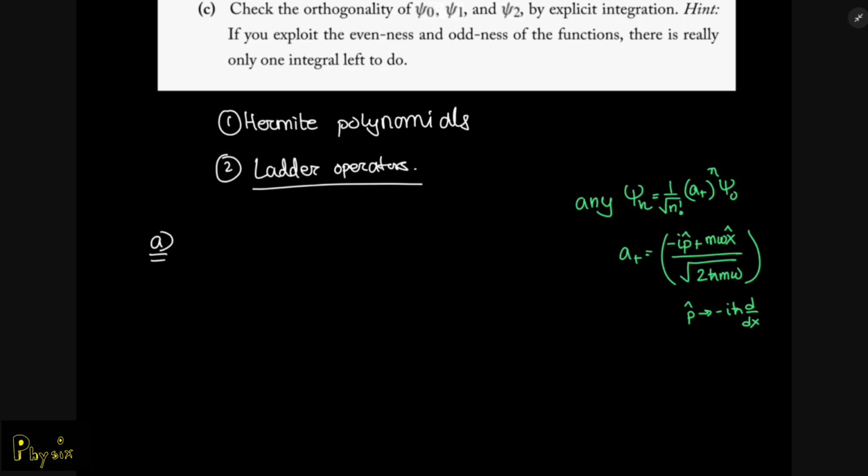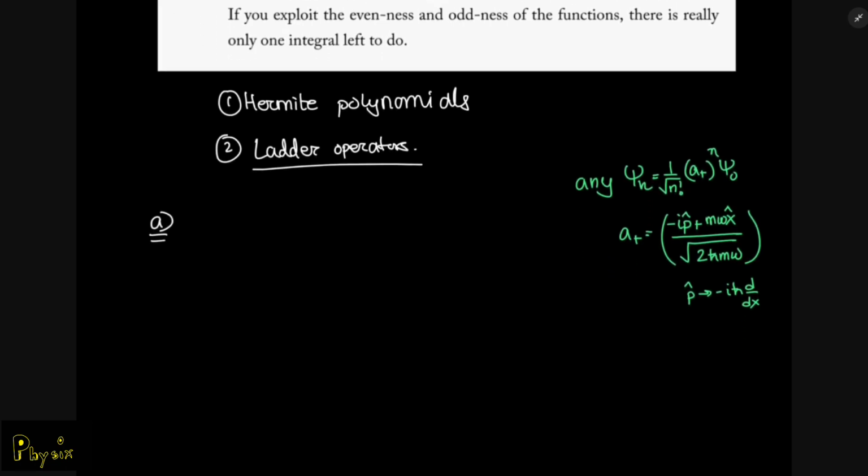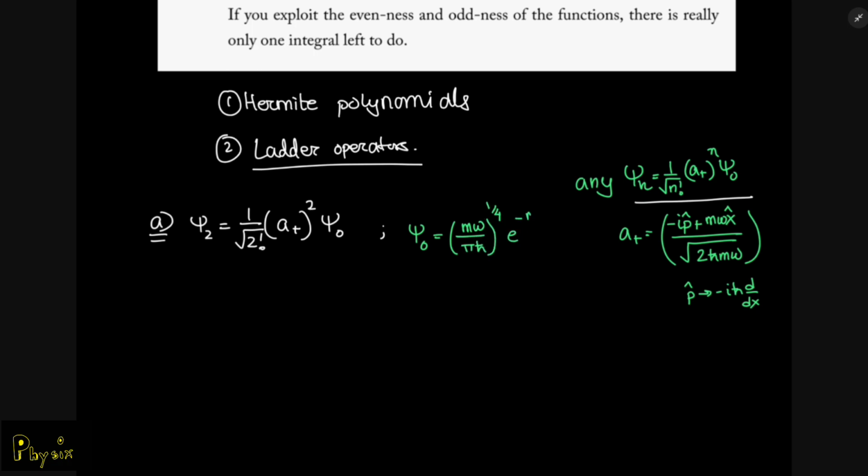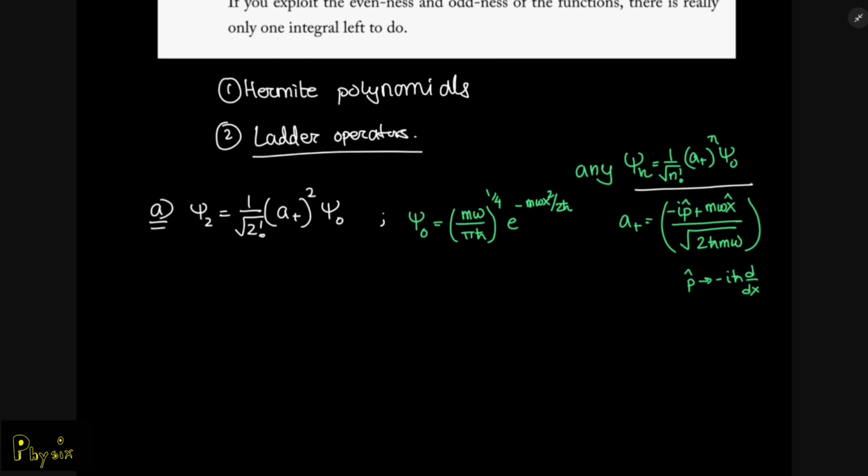All right, so let's construct psi of 2 then. According to this formula, psi of 2 would be 1 over the square root of 2 factorial times a plus raised to the power 2 times psi of 0. We know what our psi of 0 is, which is the ground state wave function: m omega all over pi h bar raised to the power 1/4 times e to the negative m omega x squared all over 2 h bar.